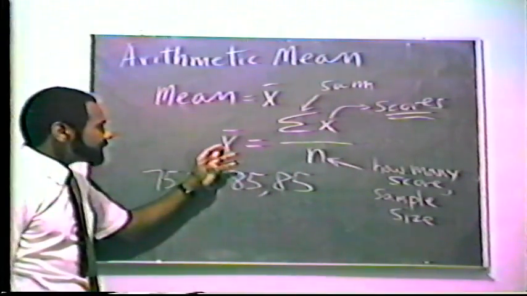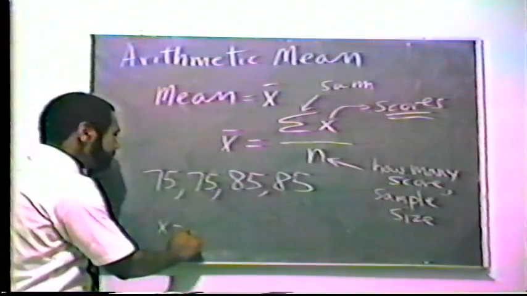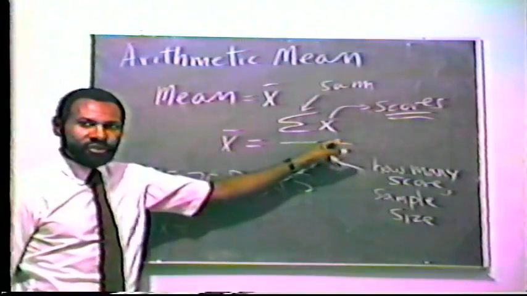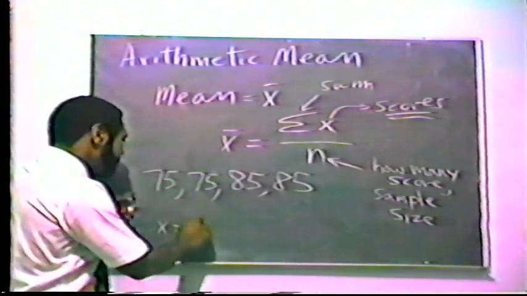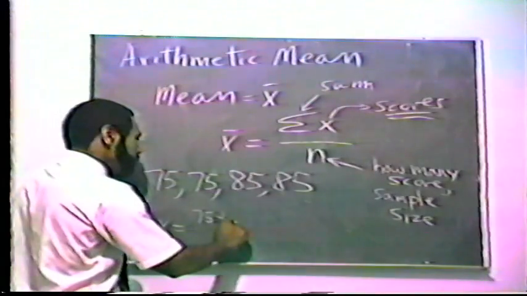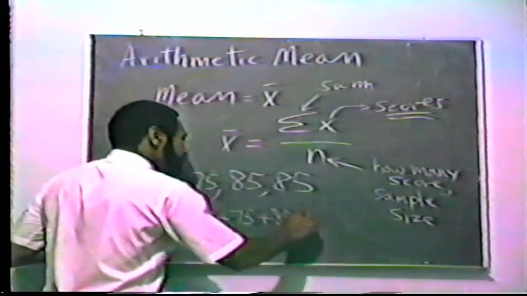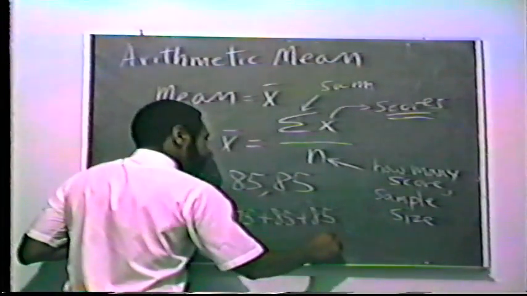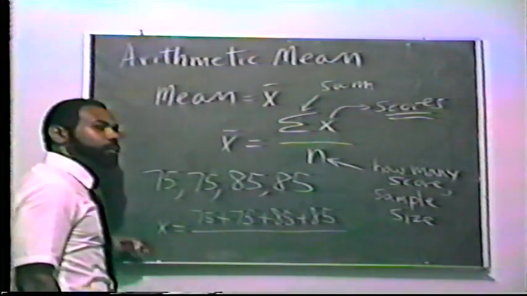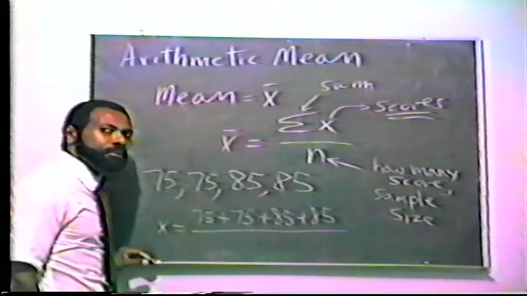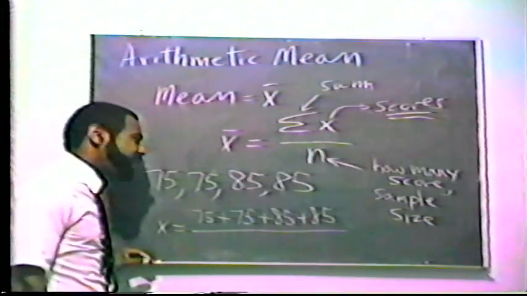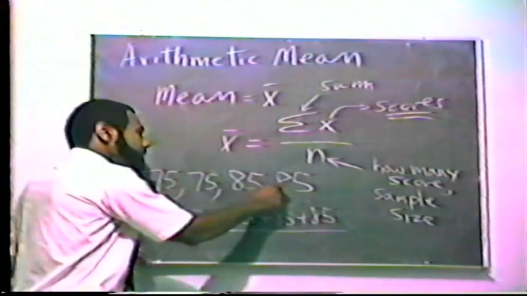We would have x bar equals the summation of the scores. So we take the 75 plus the 75 plus the 85 plus the 85. We add them together and we divide by how many scores we have. The sample size here is 4.